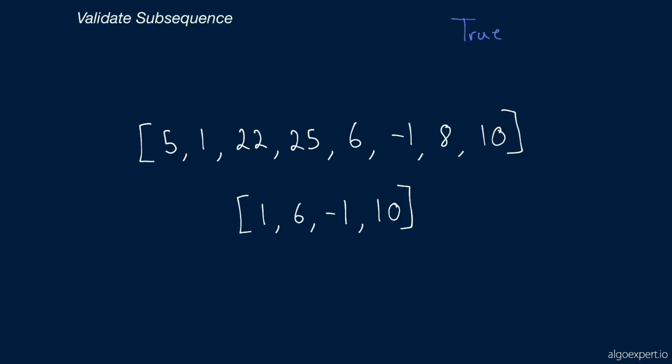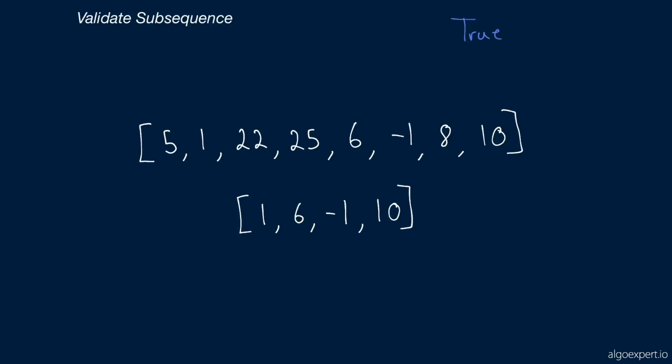Now the question becomes, how do we want to traverse them? How do we actually find these numbers and in this order in the main array? Well, one way to think about it is that because the order of the elements in a subsequence and in the original sequence matters, that means that at the very beginning, when we're just starting to look for our potential subsequence, we're really looking for the first element in the potential subsequence.